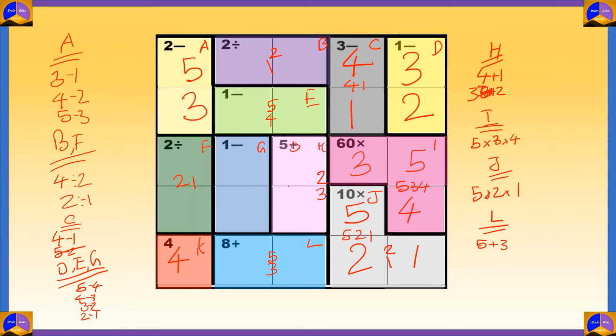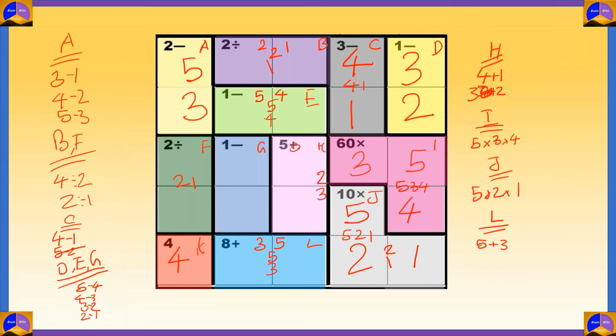And if that happens, then the 3 in cage L will go over here and 5 over here. Now the 5 in cage E would go over here and 4 over here, and 1 would go over here and 2 over here.